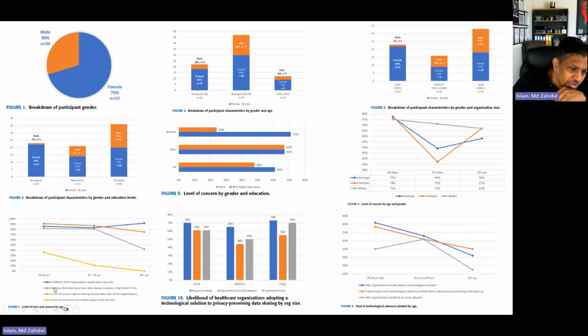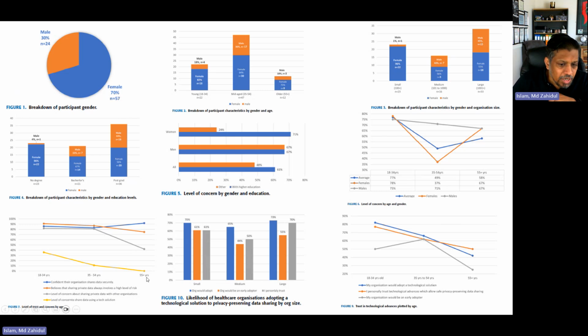And this one can be interesting: confidence that their organization shares data securely also goes higher when the employees or practitioners get a little bit older. So older people have better confidence there. And the belief that sharing private data always involves a high risk also drops slightly with age.